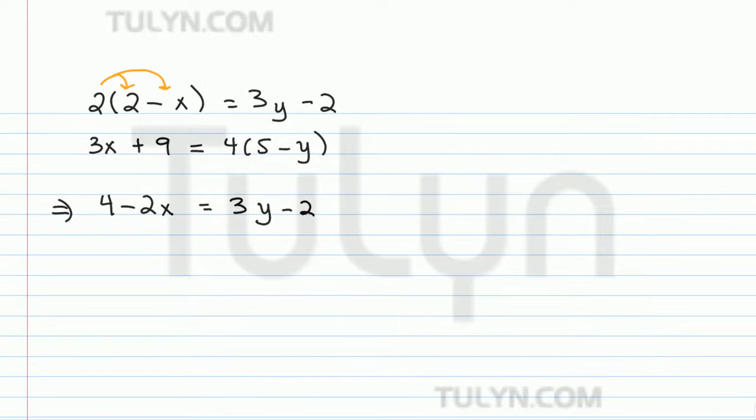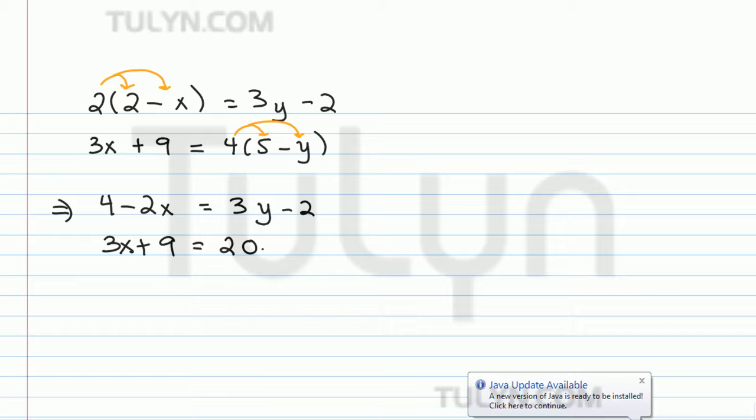The right side stays the same, and we're going to do the same thing with the right side of the second equation. That is, we're going to distribute the 4 into that difference. So for the second equation, the left side stays the same, 3x plus 9, and then equals 20 minus 4y.